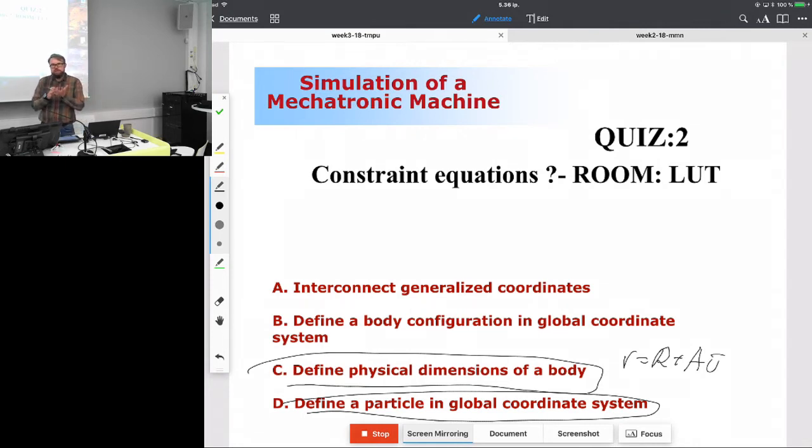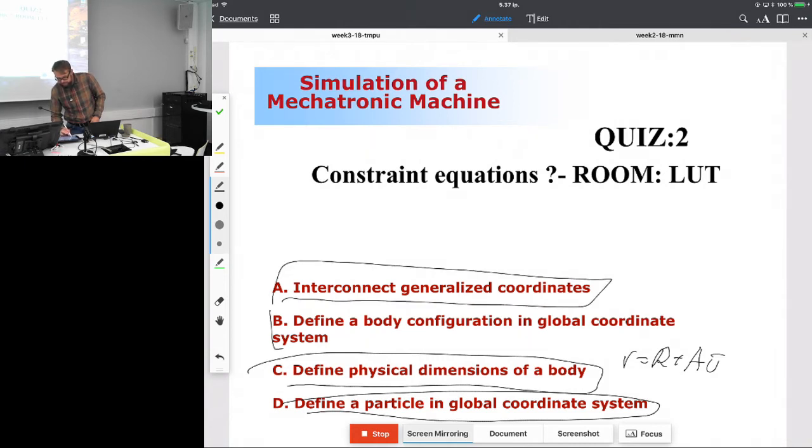To tell the relation between the generalized coordinates. It combines the generalized coordinates. That's the assignment of the constraints. It is saying that these coordinates are no longer free to move, but they are coupled in a certain way, because of the constraints.